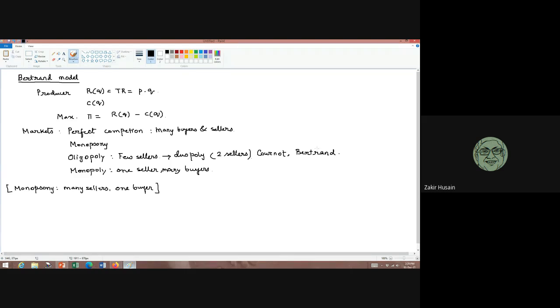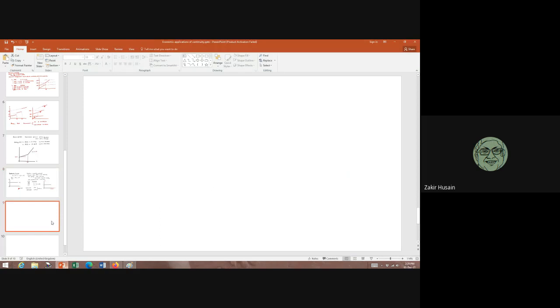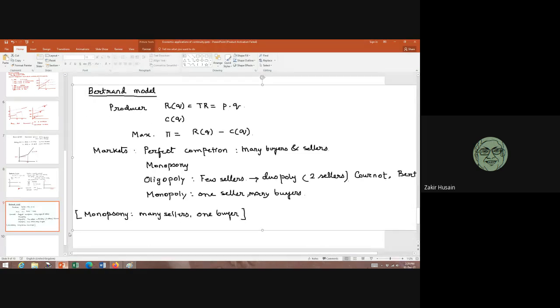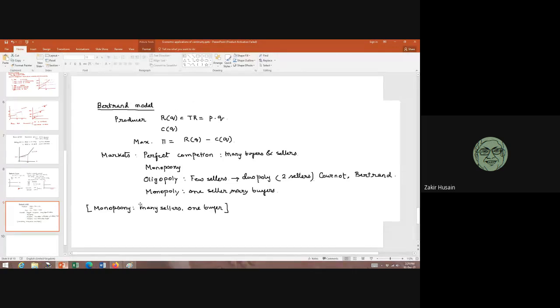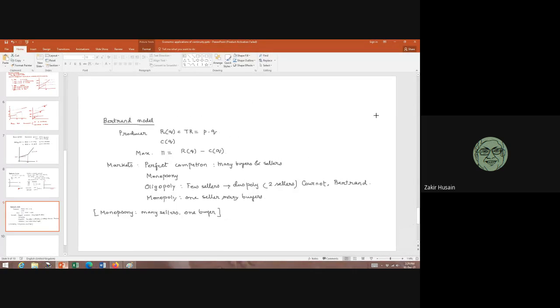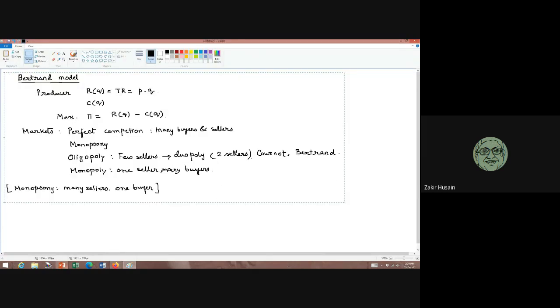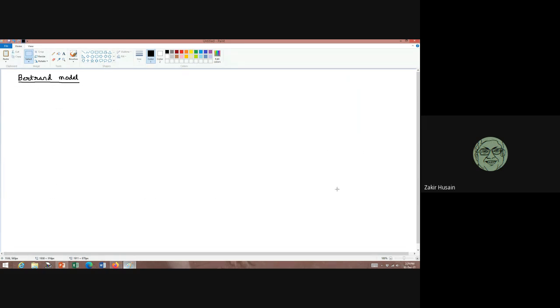But today we want to cover the Bertrand model because you will see that it is related to the concept of discontinuity. So remember that this is a duopoly.